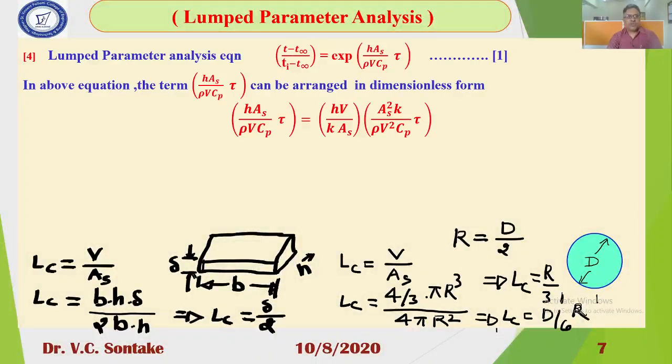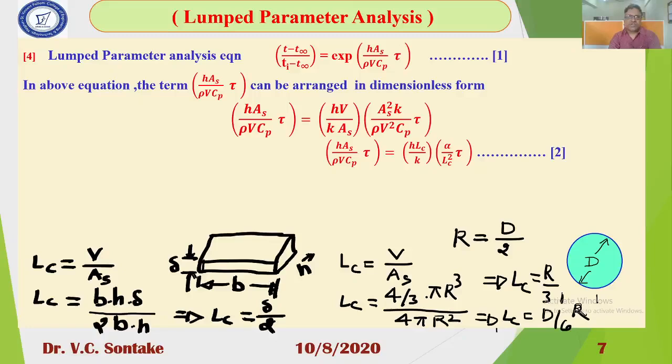So hAs over rho V Cp into tau can also be written as hV over kAs, where V is the volume of the body and As is the surface area, into As square into k over rho V square Cp into tau. Or it can be written as h Lc by k into alpha tau over Lc square.